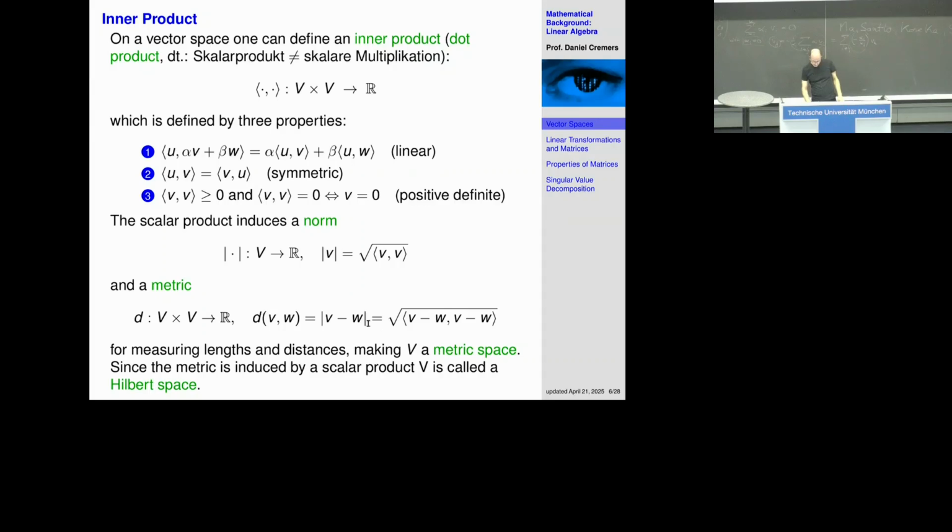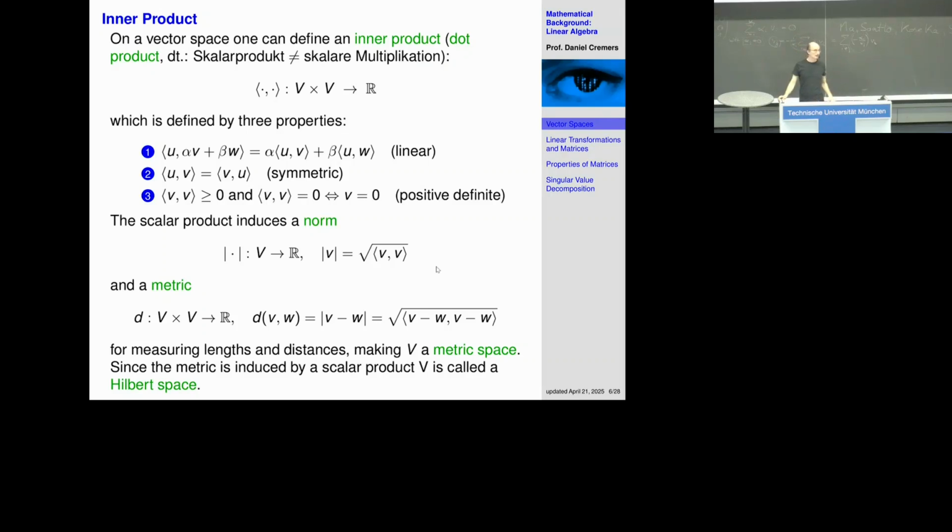In this case, the way we introduced the metric, this doesn't have to be, but we introduced it via the scalar product, this inner product. And such spaces, where the metric is induced by the scalar product, are called Hilbert spaces. Now you're saying, isn't every metric induced by a dot product? Not necessarily, right? I can randomly define distances, and then it's possibly not based on a dot product.